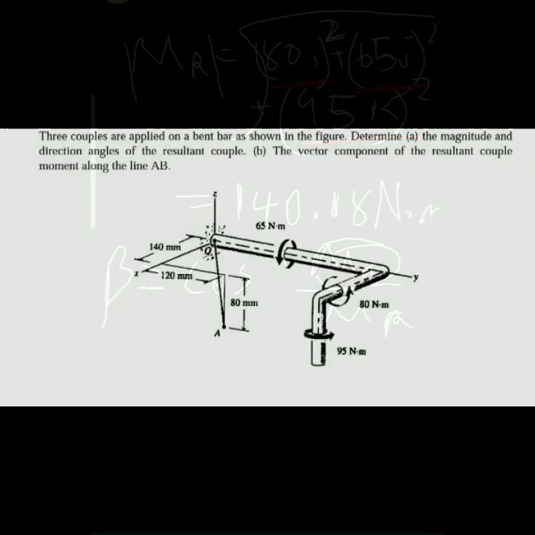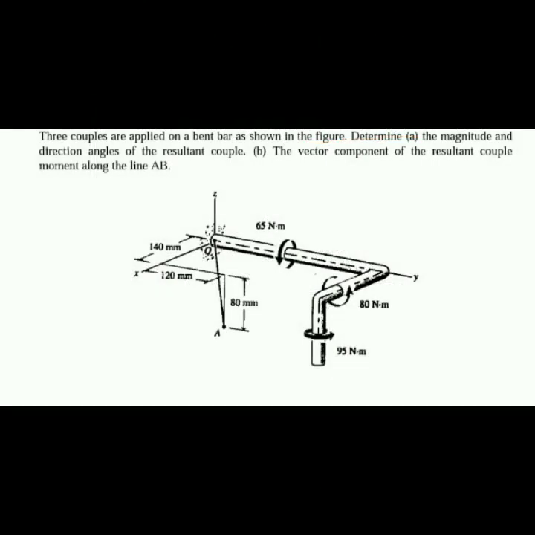And it says the vector components of the resultant couple moments along the line AB. So here what you're doing is simply determining the components of this moment vector along the line AB, similar to what we did with forces. And to do that, you have to determine the unit vector of the position vector of the line OA.